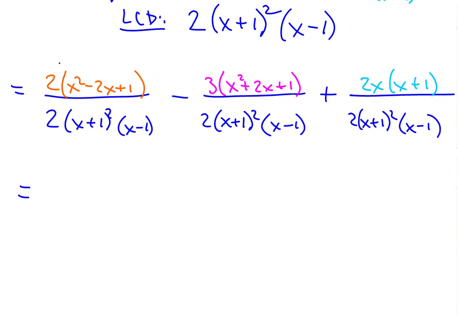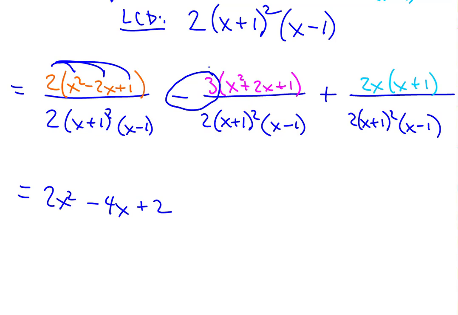If we distribute everything across all these numerators and then combine like terms, which is quite a bit to do, let's see, I'm going to write this all out here in line. In the first fraction, we'd end up with a 2x squared minus 4x plus 2. In the second fraction, be careful with this. There's a minus sign between the first and second fractions. Really, that minus sign should go with the 3. That is this numeric coefficient, and those together should be distributed in to the parentheses which follow.